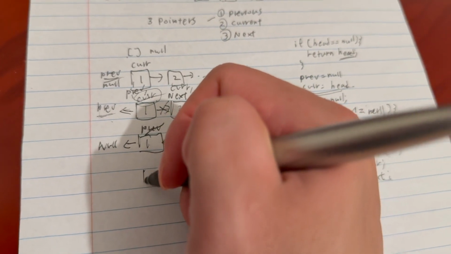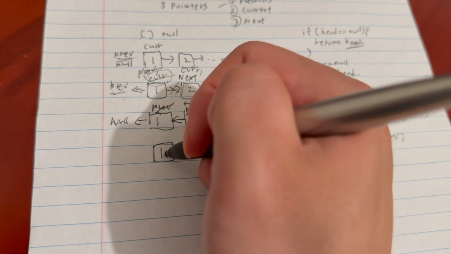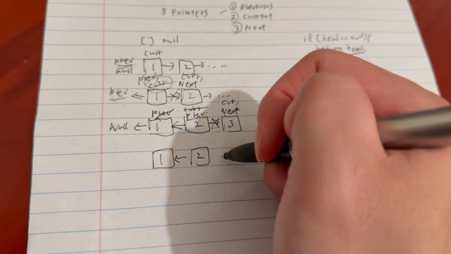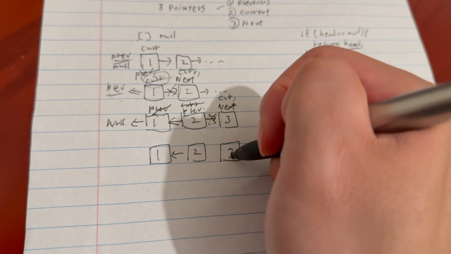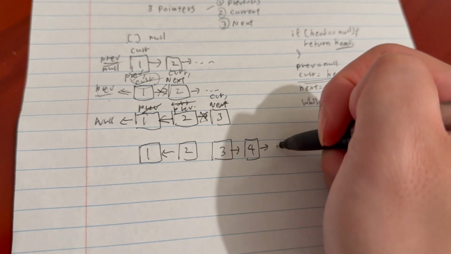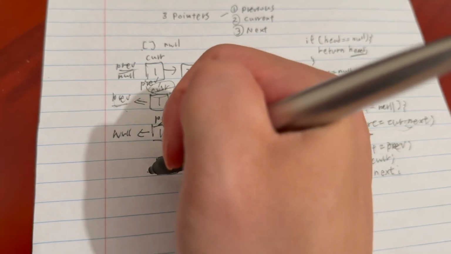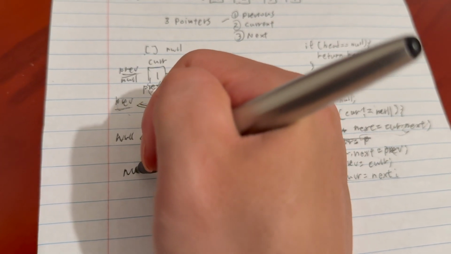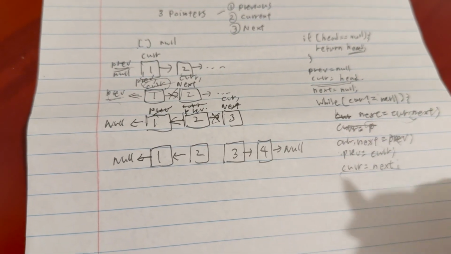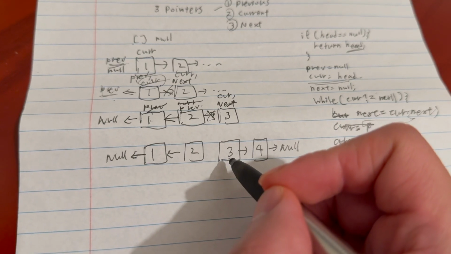And then same thing for the next iteration. And then 3, and then 4, and then it's going to be null, right? And then pointing to null. And then here. So we're at here, right?